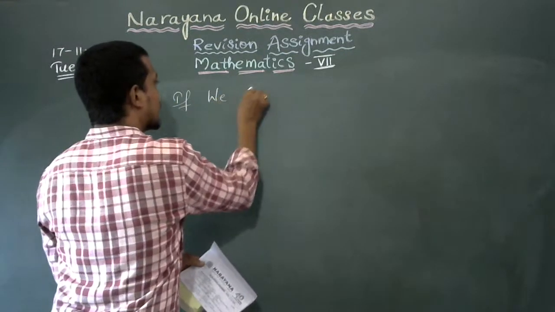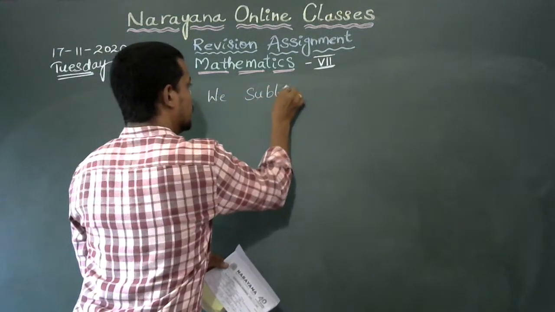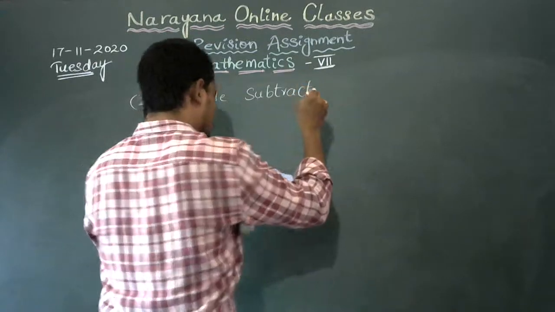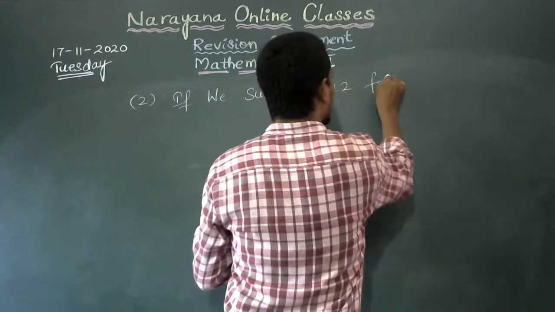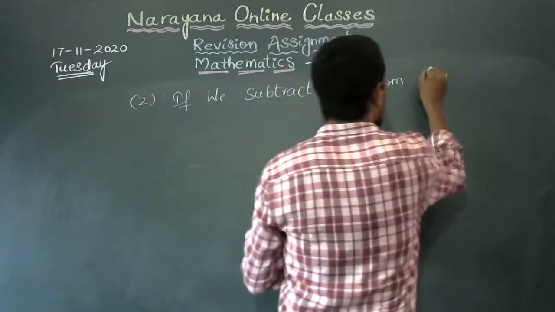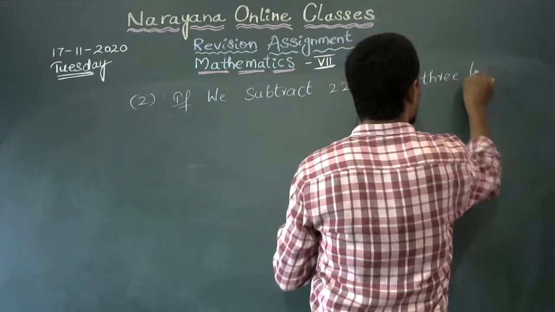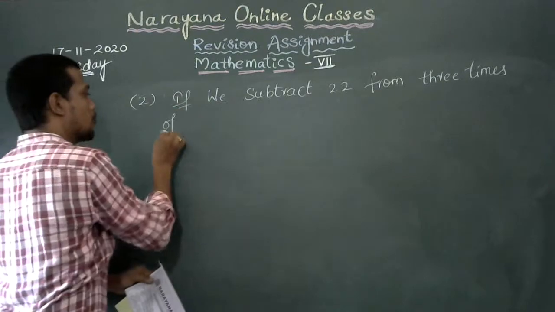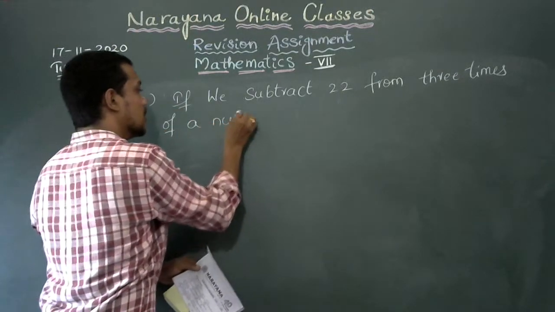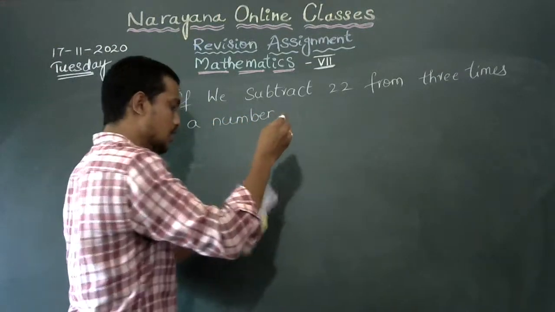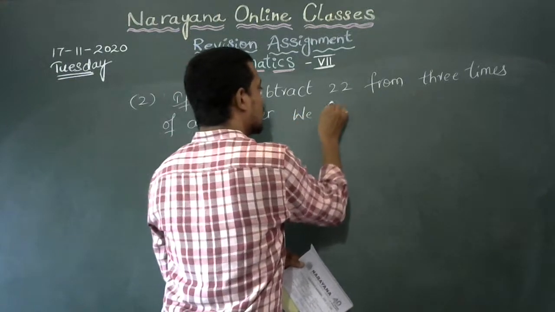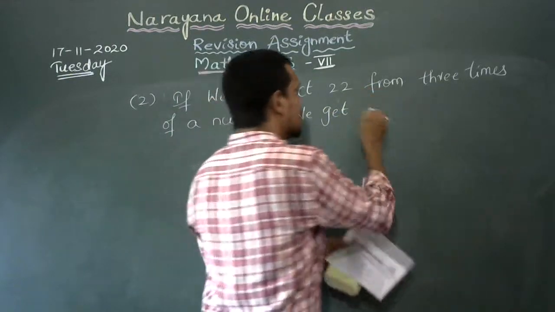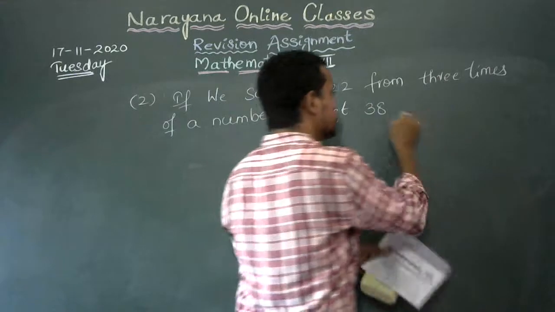If we subtract 22 from 3 times of a number, we get 38.